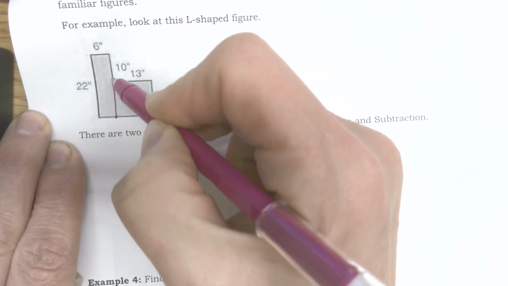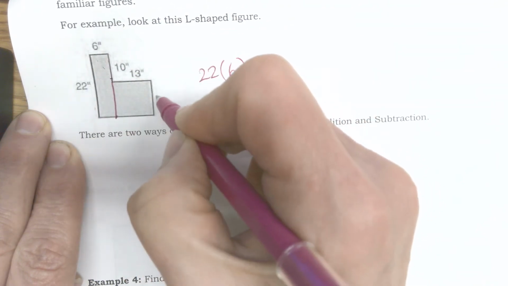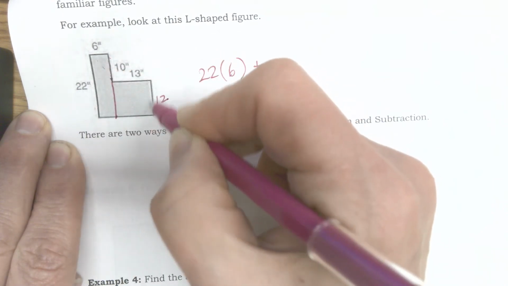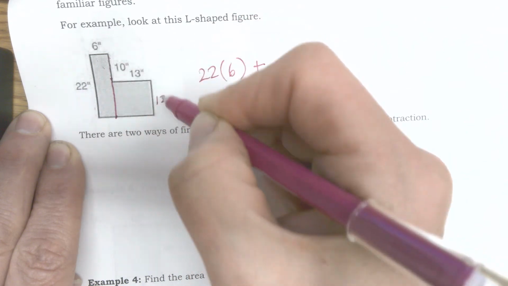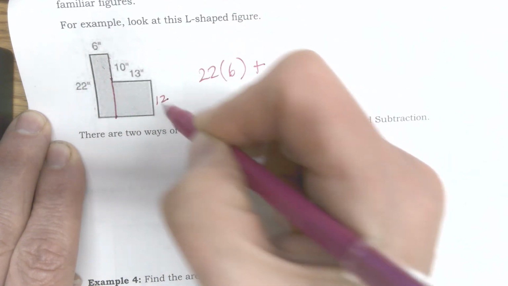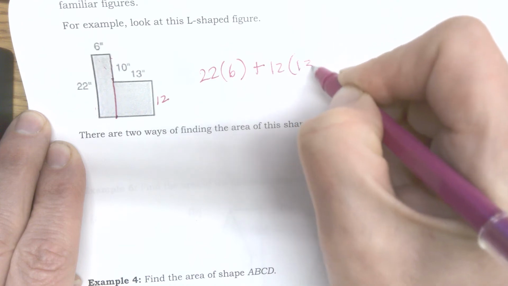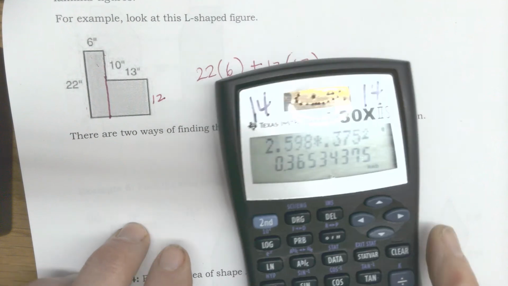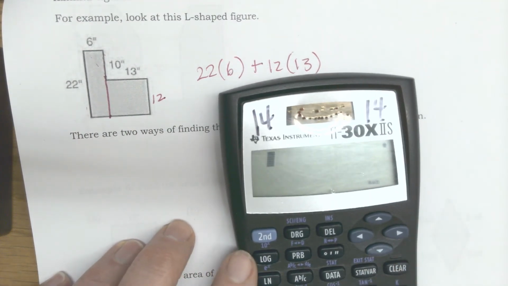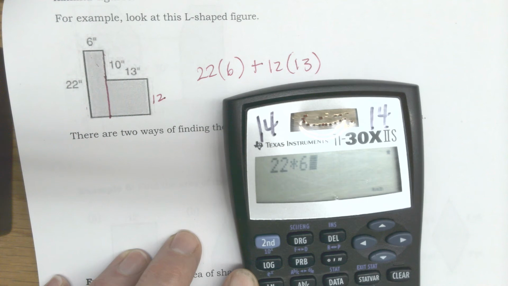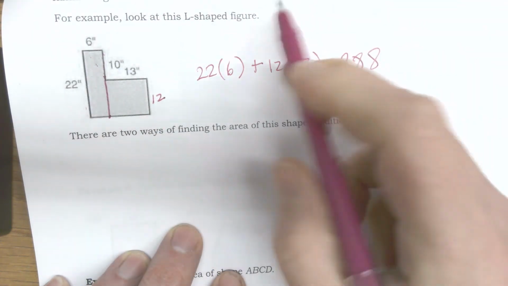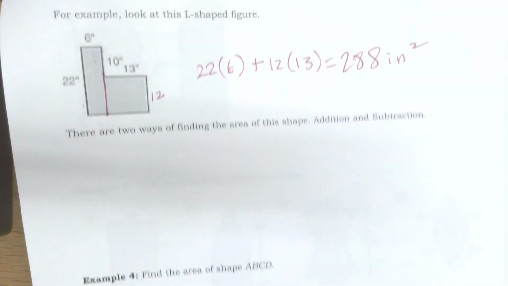If this is 10 and the whole length is 22, that means this other piece, because 10 plus 12 would be 22, is a 12 by 13 shape, so I do 12 times 13, and then again it's just plugging it into the calculator. 22 times 6 plus 12 times 13 gives me 288, and that's all inches, so inches squared because it's area.